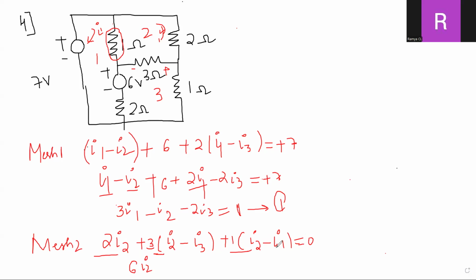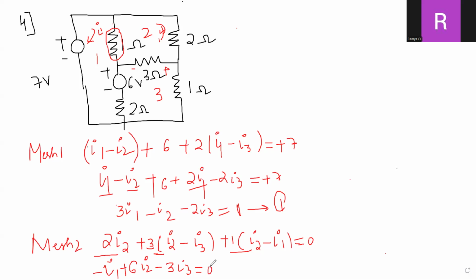How many I1s are there? Only one I1 is there, so minus I1 plus 6I2. Now how many I3s are there? Only one I3, so minus 3 I3 is equal to 0.